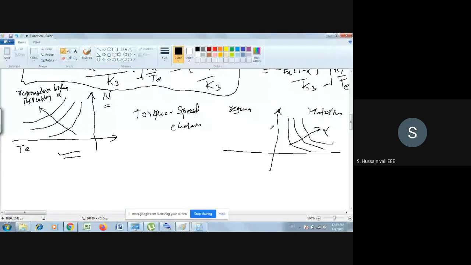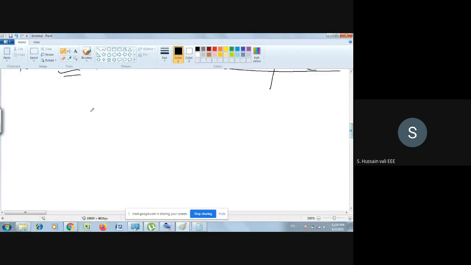This is for regenerative condition. Okay. This thing you will get here. Okay. So now we will go to the combined one. So combined one is nothing but, recall that circuit diagram. Okay, which is the circuit diagram here. The same circuit diagram. Which one?